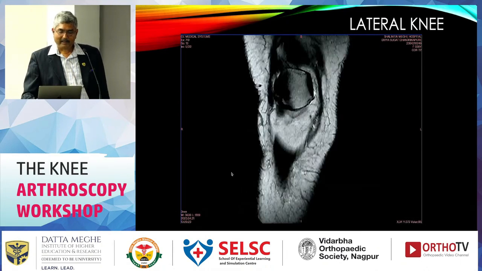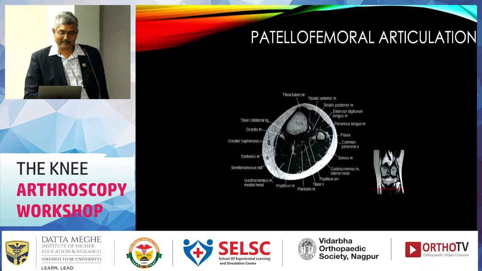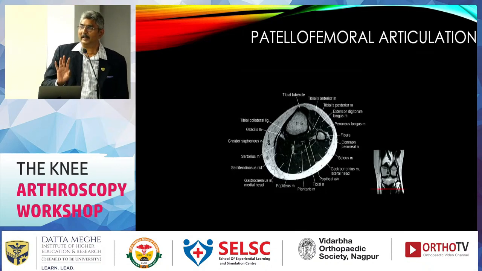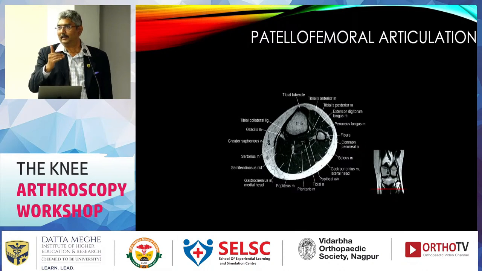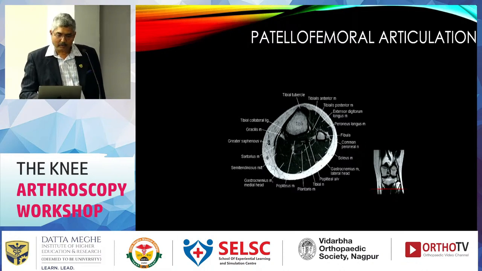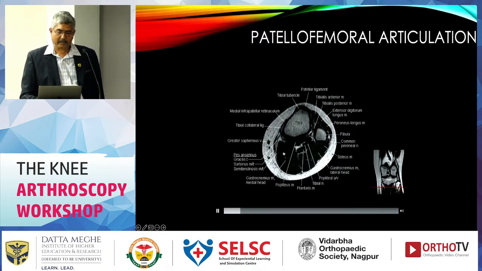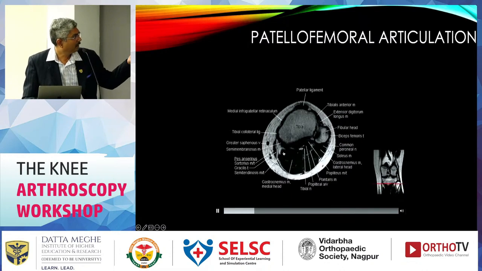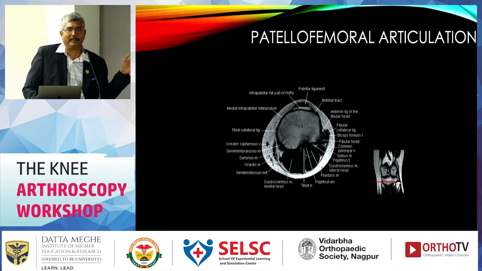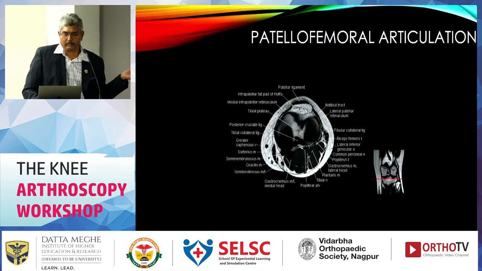So from the lateral knee, I am moving on to the next, the anterior compartment, that is the patellofemoral joint or patellofemoral articulation. Again, images are there. It's really simple. We have the patella. On either side, condensed fascia, that's the patellar retinaculum.